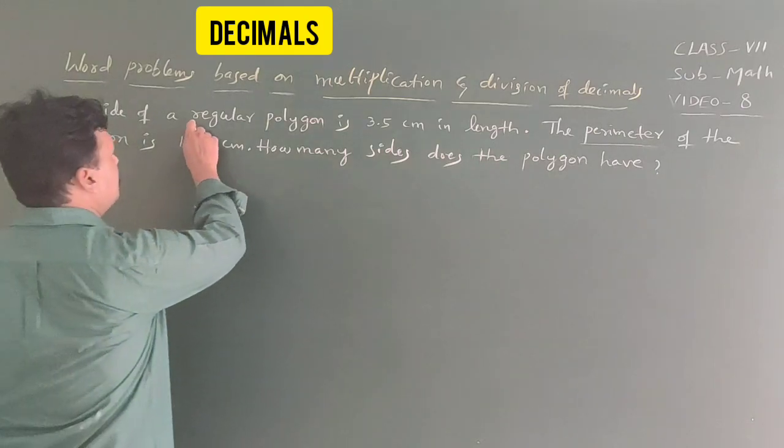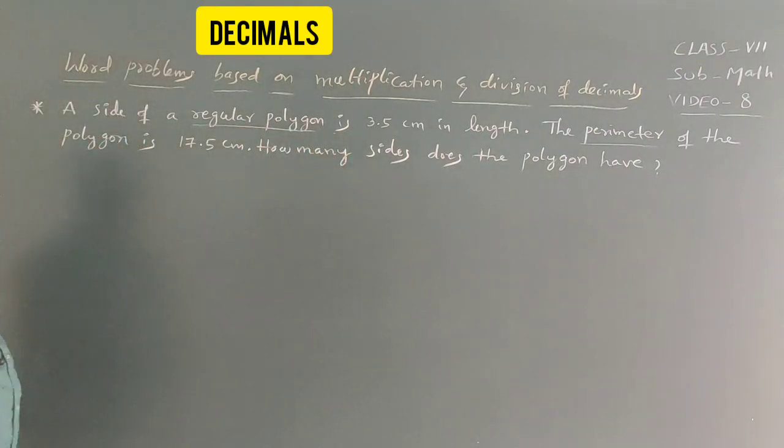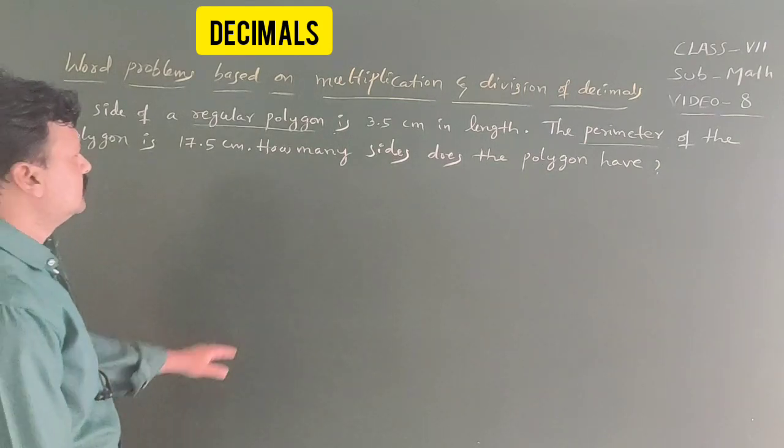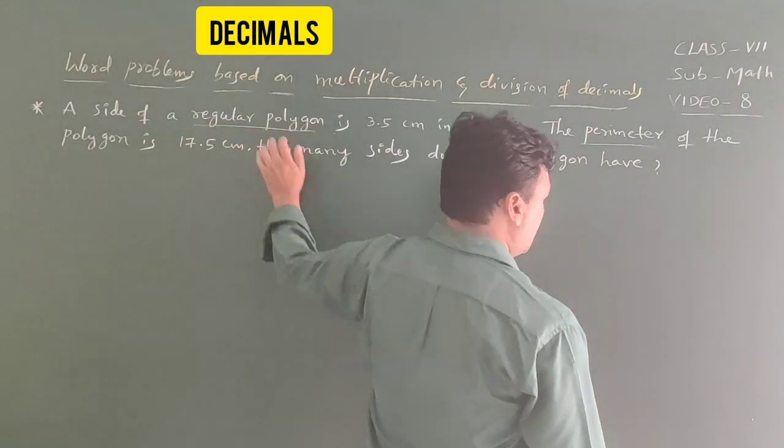Here, a regular polygon is given. For a general polygon, you can't find it, because in a polygon the sides may be of different sizes, but it is a regular one.